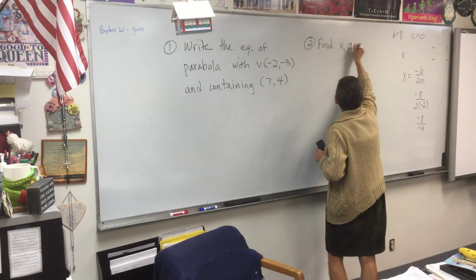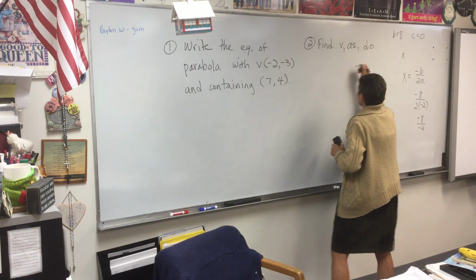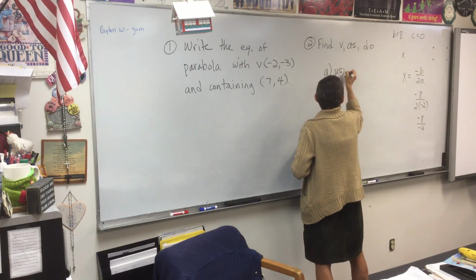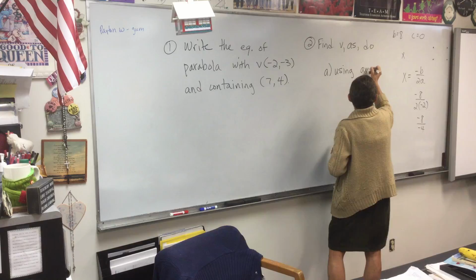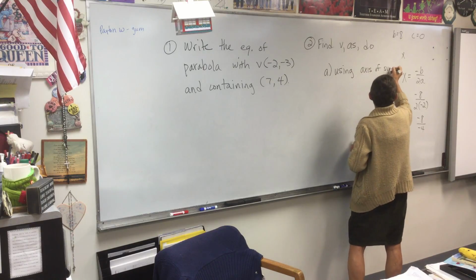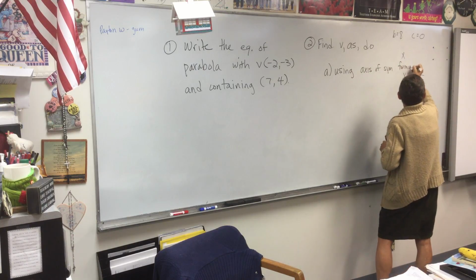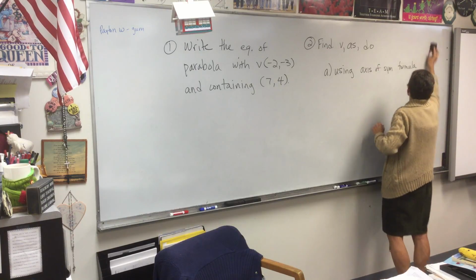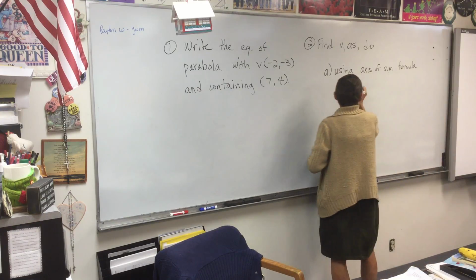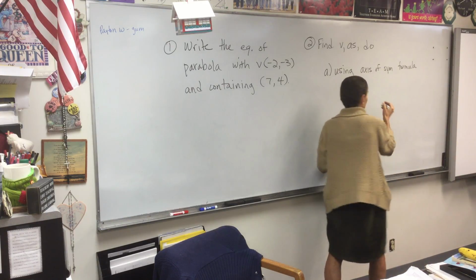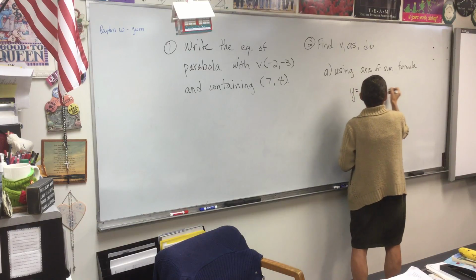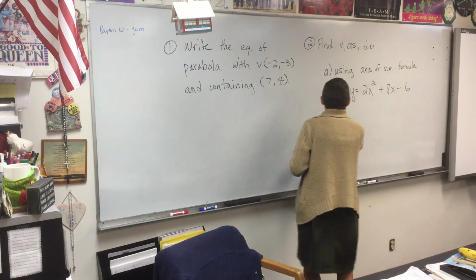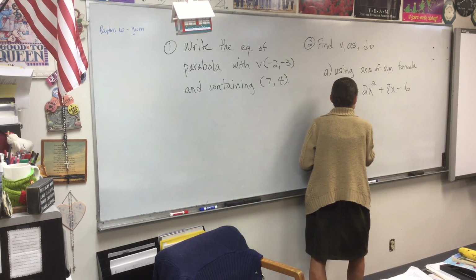Find the vertex, axis of symmetry, and direction of opening (a) using the axis of symmetry formula. And that would be y equals 2x squared plus 8x minus 6, and (b) by completing the square.